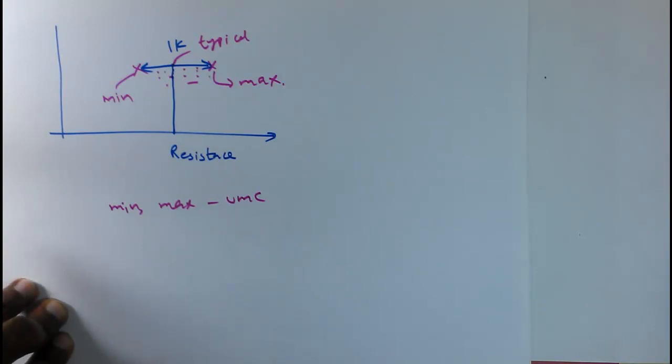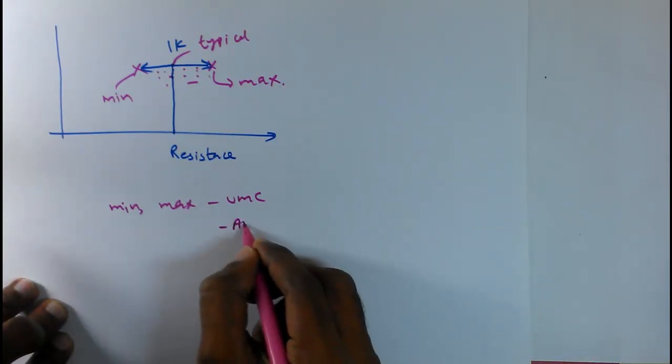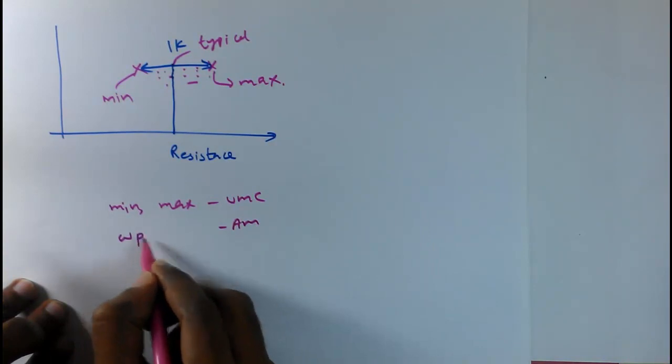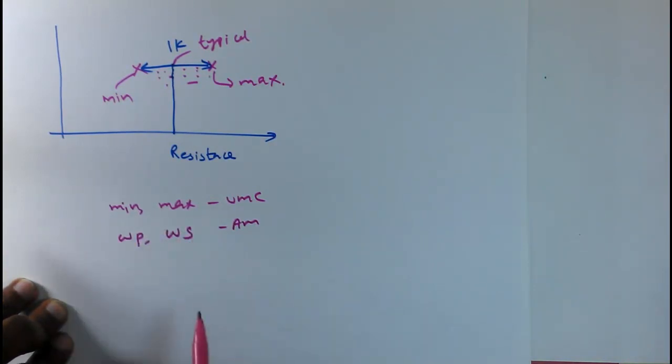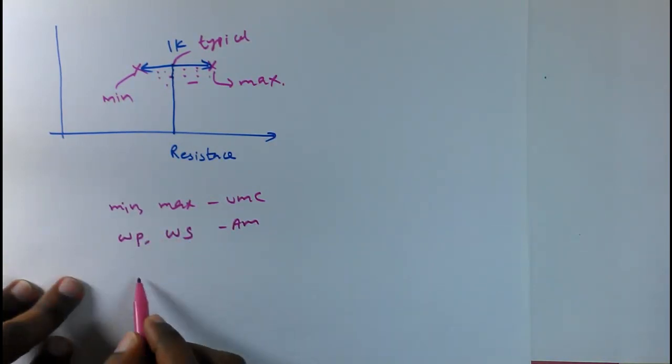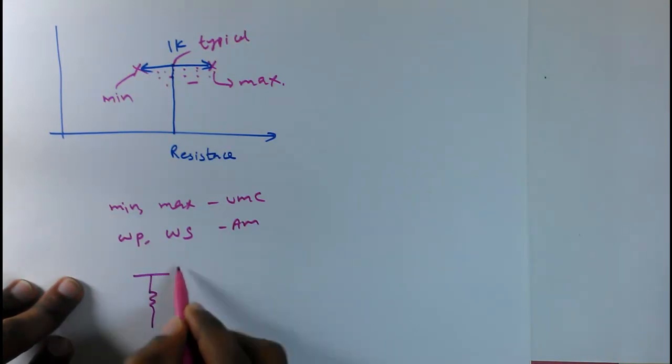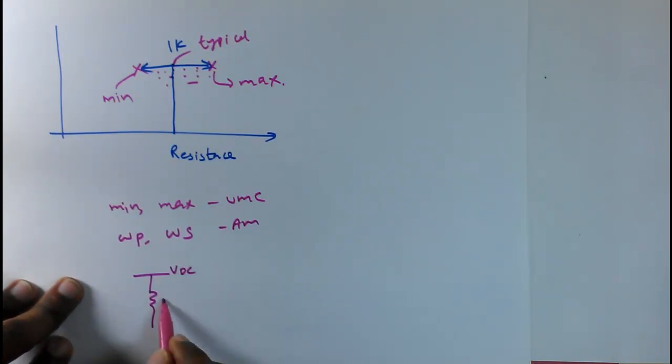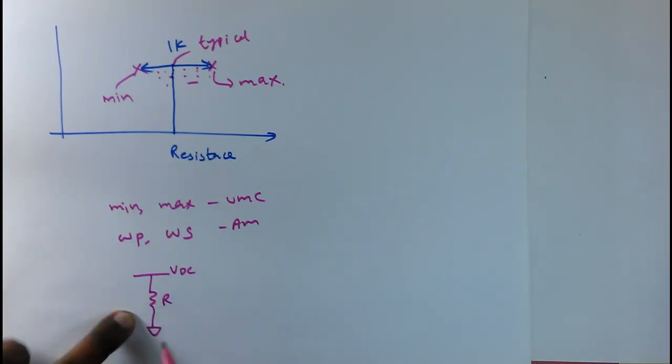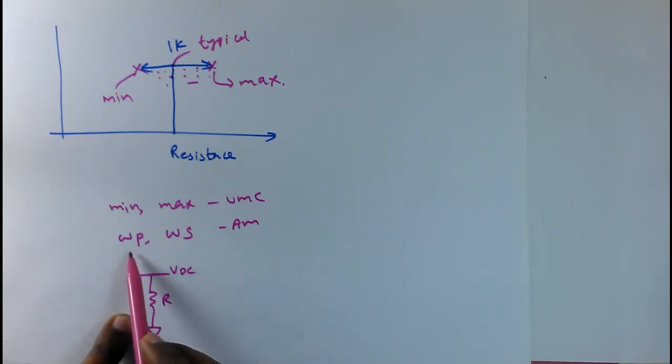But some other foundries like AMS call them worst power and worst speed. Assume you fix a voltage VDC across a resistance R. If the resistance value decreased, becoming less than the typical value, then the current through it will increase. That means the power will also increase.